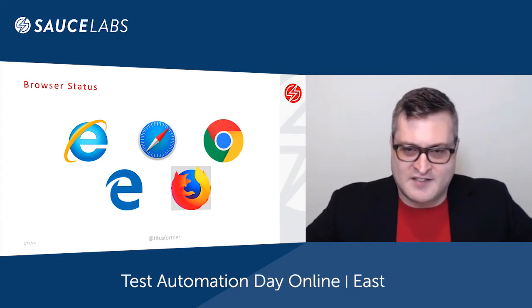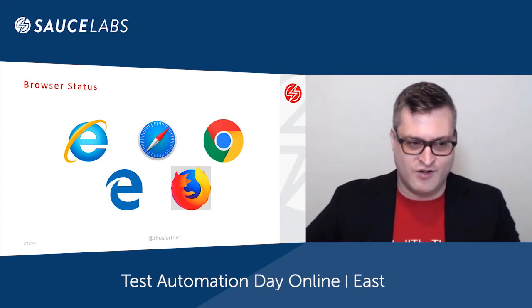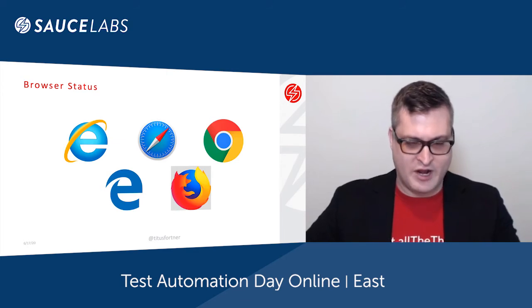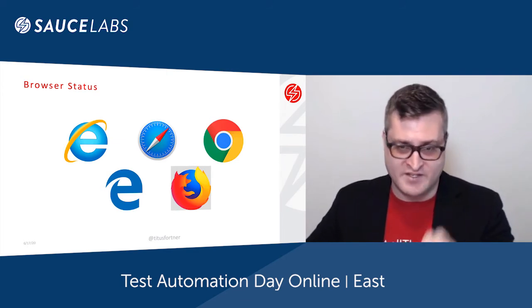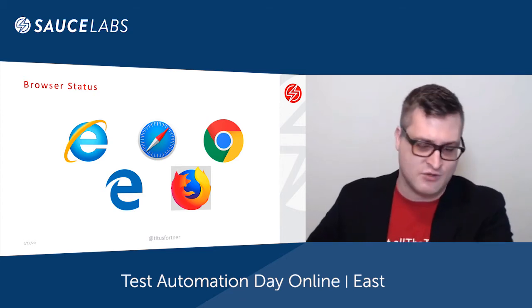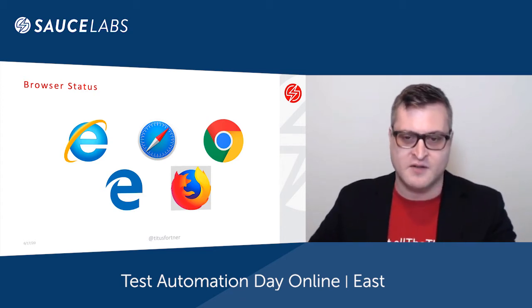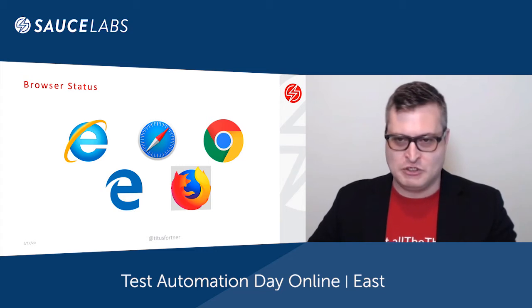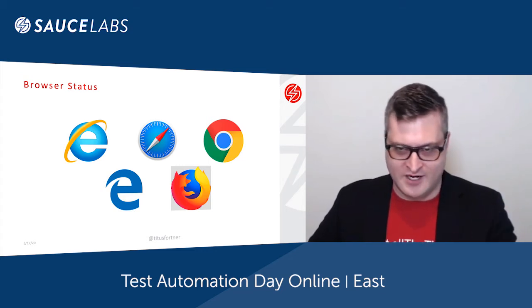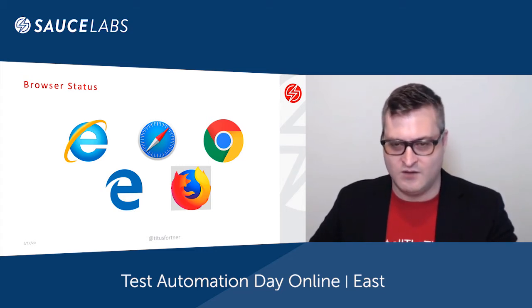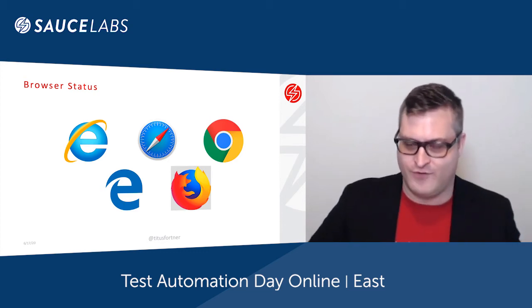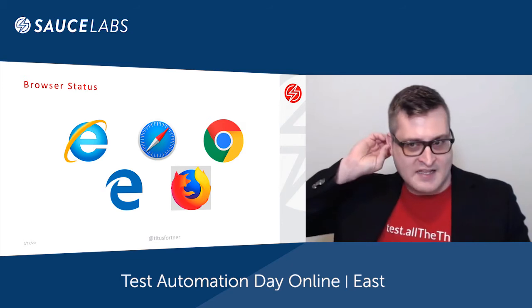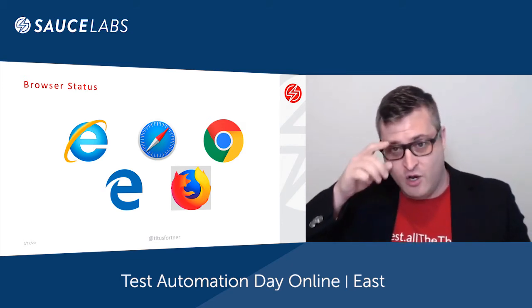In Firefox, if you tried to take an action on the browser when an alert was present, Selenium won't let you do that because a user can't do something on the site if there's an alert present. So all of the browsers would raise an exception and say, you tried to do something while an alert was present. Well, Firefox would then be kind and close the alert for you so that you could continue with your test, where Chrome wouldn't. Chrome was like, no, you have to deal with this.